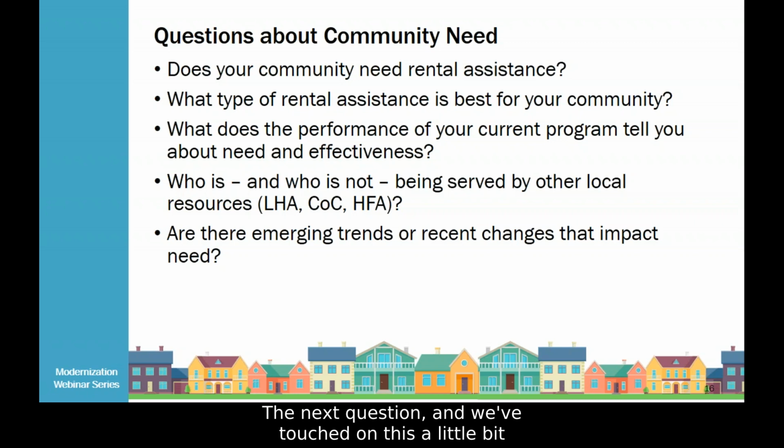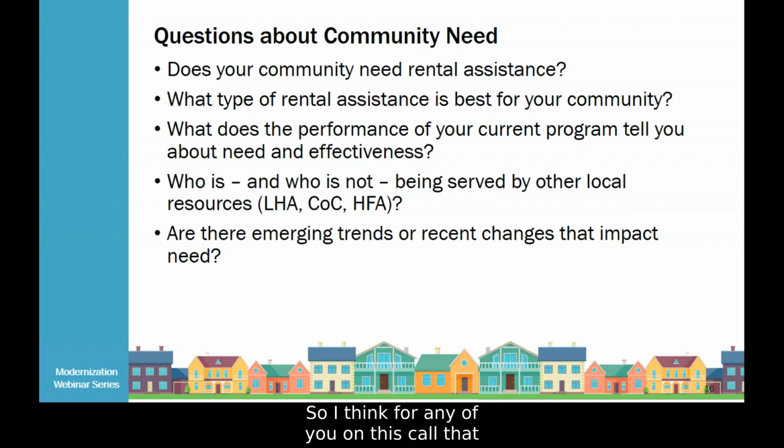The next question, and we've touched on this a little bit already, is the idea of thinking about the larger affordable housing community and who is not being served within your current system. And then the last question there is really about trends and what is changing in your community.